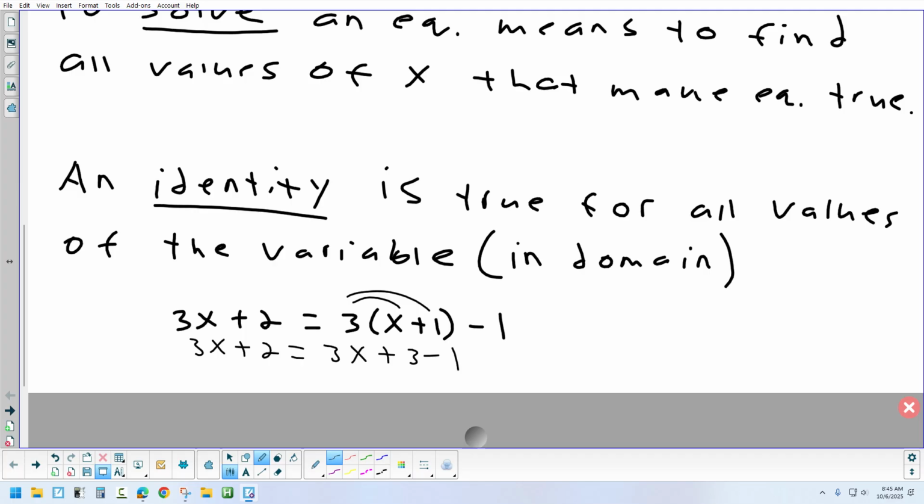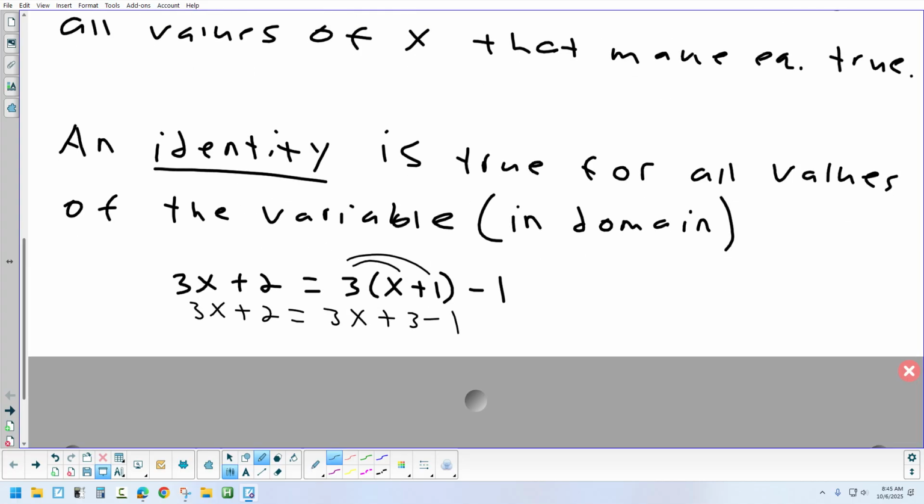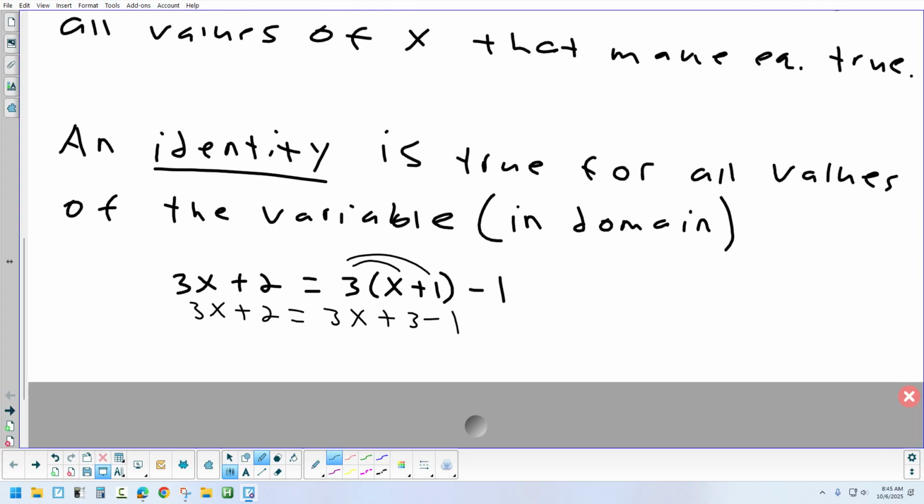And Christian, if I combine like terms on the right-hand side, what will I get? You'll get 3x plus 2. Right. Okay, so I have 3x plus 2 on the left, and I have 3x plus 2 on the right. Now, you might say, well, next I'll bring all the x's to one side. You can do that, but you're going to end up with 2 equals 2.